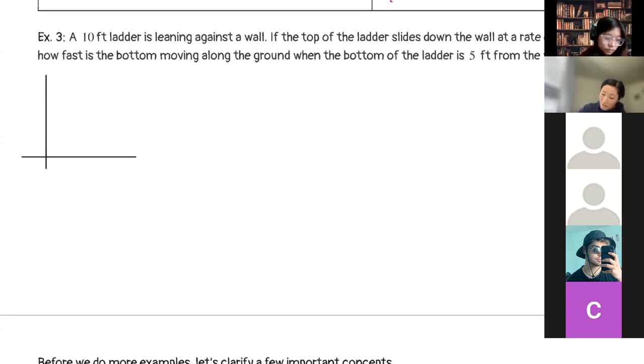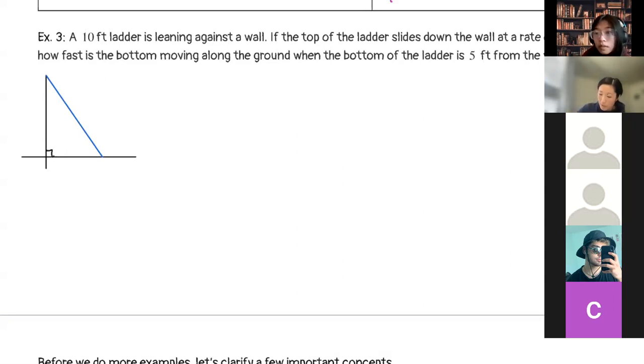Okay, so we've got a wall, we've got the ground, and we've got a ladder. I'm just going to draw the ladder like that. A lot of things are things we hope for, in that we hope the wall and the ground meet at a 90-degree angle. I know that's not always the case, but we assume that to make our lives a little easier.